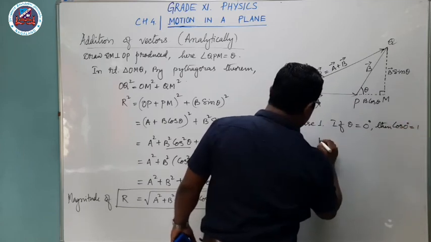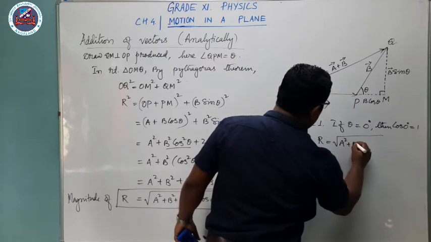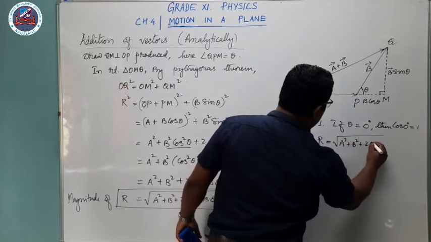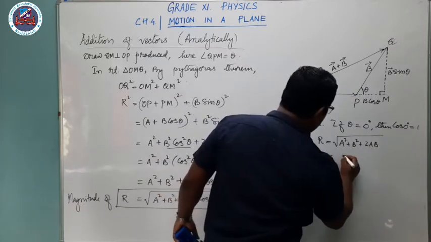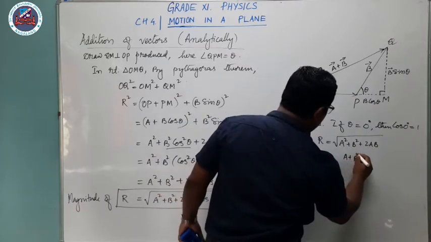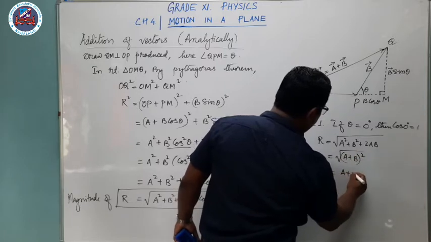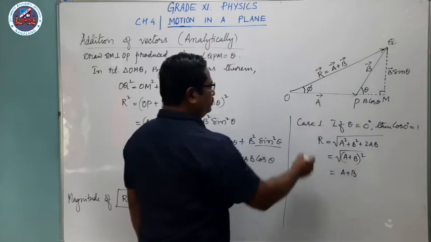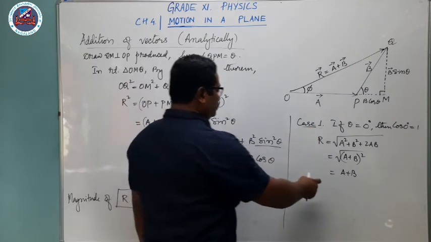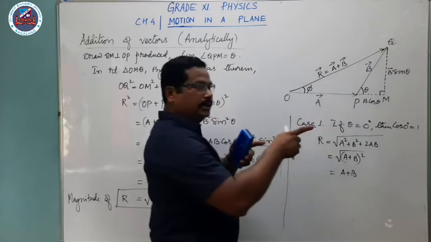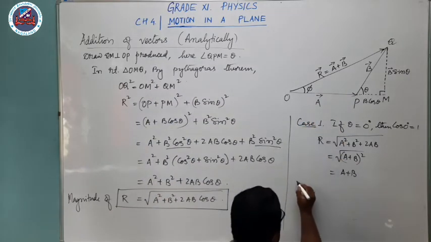So the magnitude of the resultant R will be root over A square plus B square plus 2AB, which is A plus B whole square. Square and root cancel, so it will be A plus B. This is the sum of the two vectors if they are pointing in the same direction.